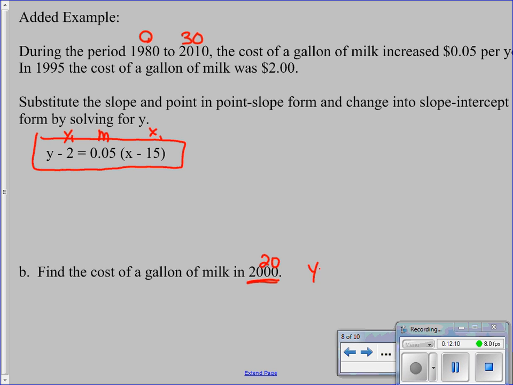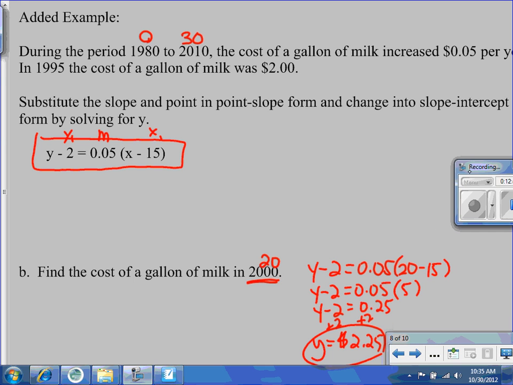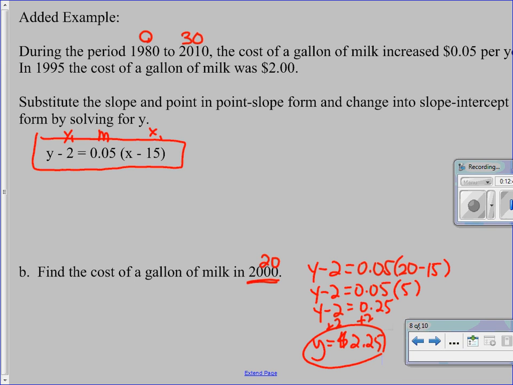So when I go to plug this in, y minus 2 equals 0.05 times 20 minus 15. 0.05 times 5 is 0.25. So in year 2000, the price of a gallon of milk was $2.25, which makes sense because it increased 5 cents per year. And in 1995, it was $2. So then it raised 5 cents every year to get you $2.25.